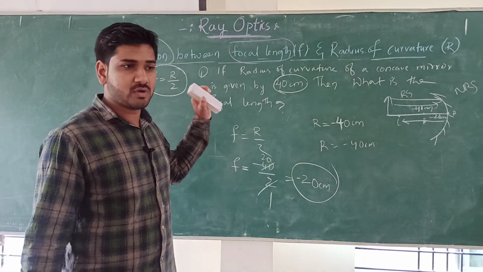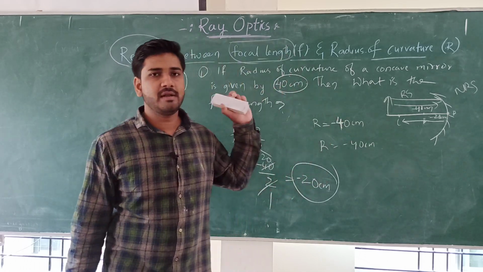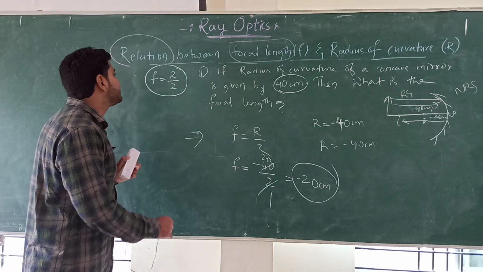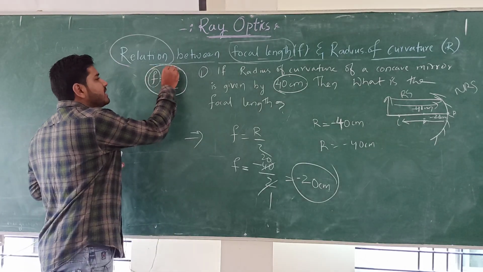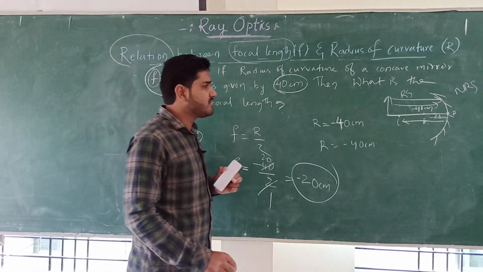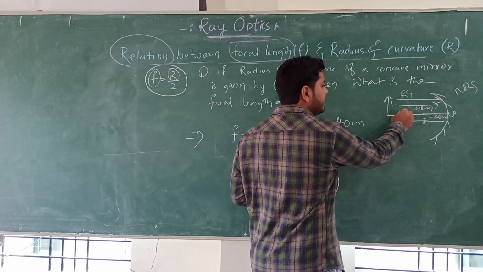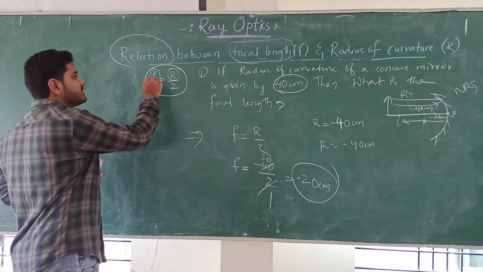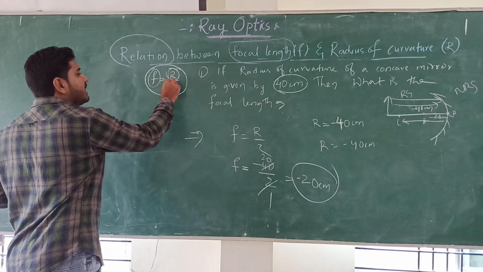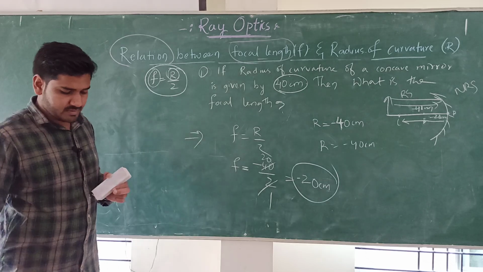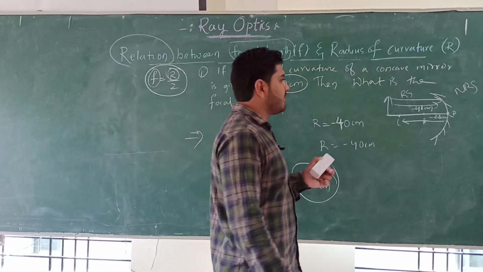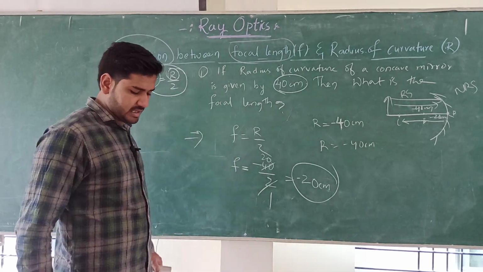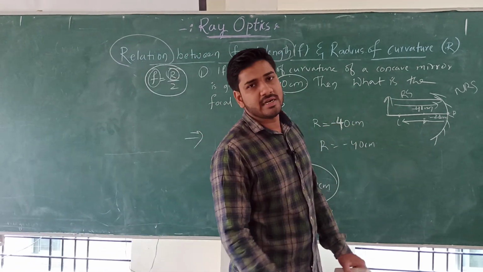It tells you the focal length will be half of the radius of curvature, or you can say the radius of curvature will be double the focal length.